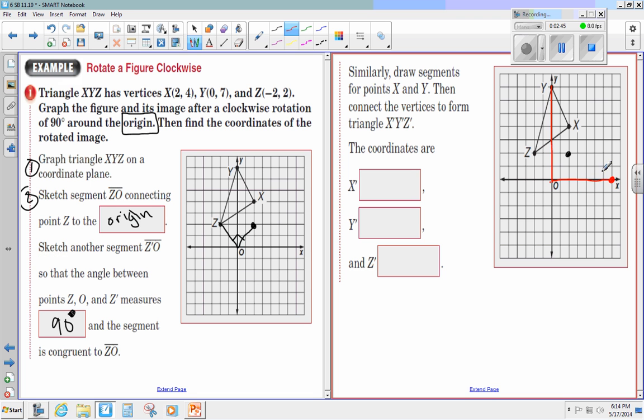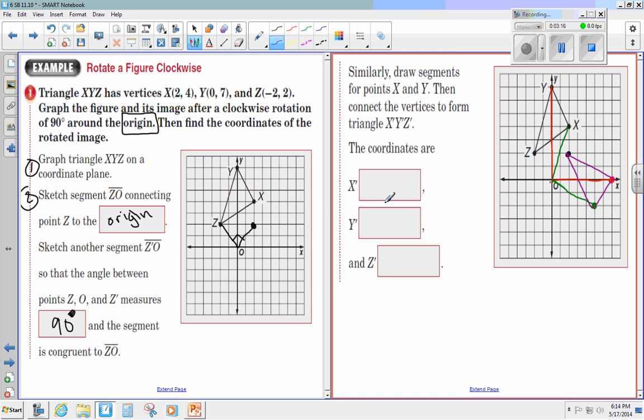Right here. We do the same thing then for x. Right there. Right angle. All right here. And you draw your triangle. There you go. And that's pretty similar.